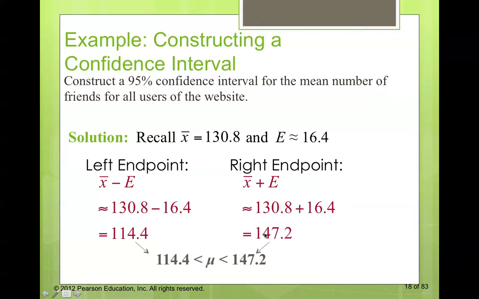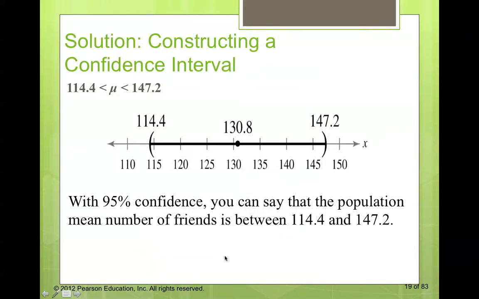That gives me 147.2. And then now I have created my interval with those two things. So I know 95% of the intervals will contain mu. With 95% confidence, you can say that the population mean number of friends is between 114.4 and 147.2. And that is how you construct a confidence interval about the mean of a large sample.